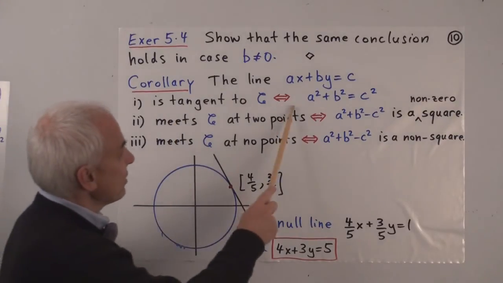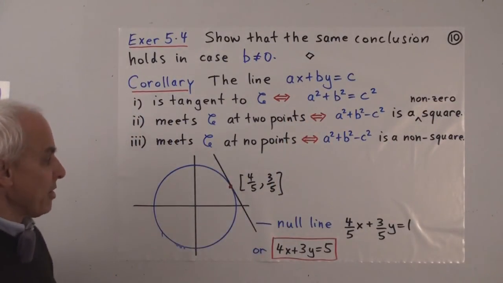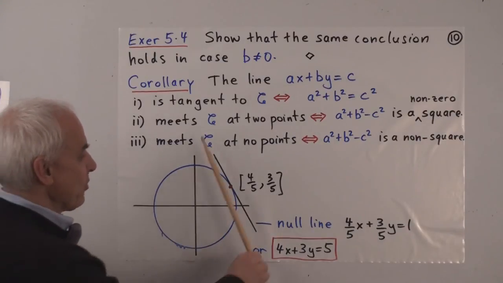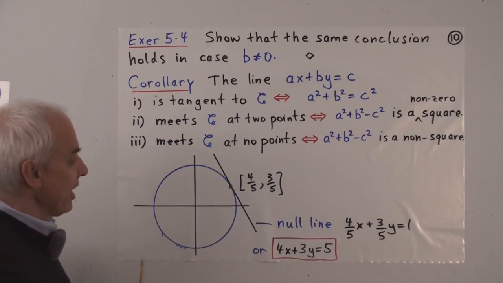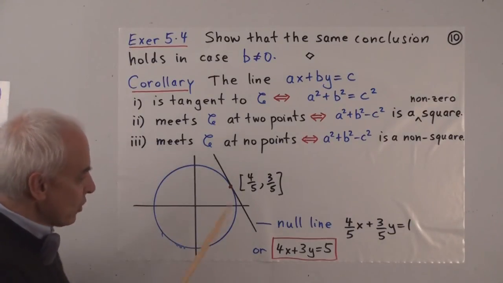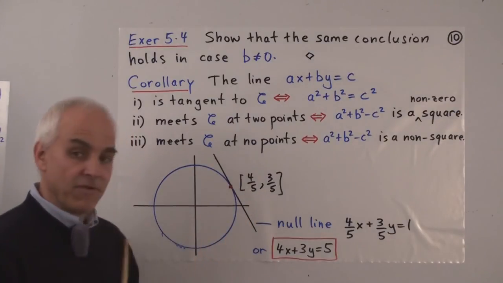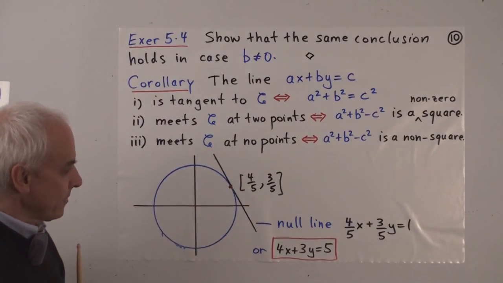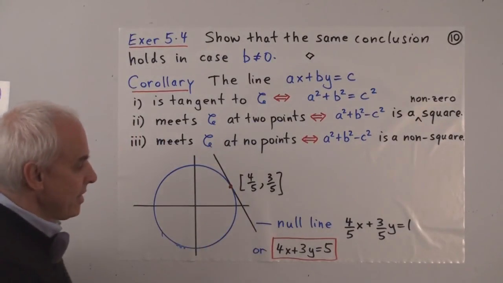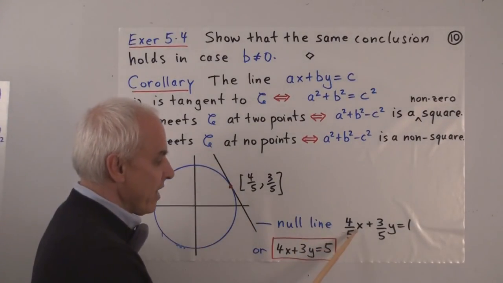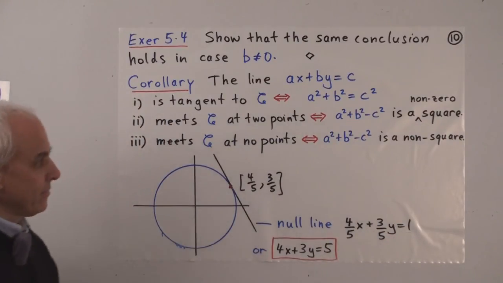Now this first case, a squared plus b squared equals c squared, is particularly pleasant. That's the case when we have a tangent to the circle, or what we're calling a null line. So for example, here's a point on the circle, 4/5, 3/5, and the associated tangent to it is the line 4 over 5 times x plus 3 over 5 times y equals 1.